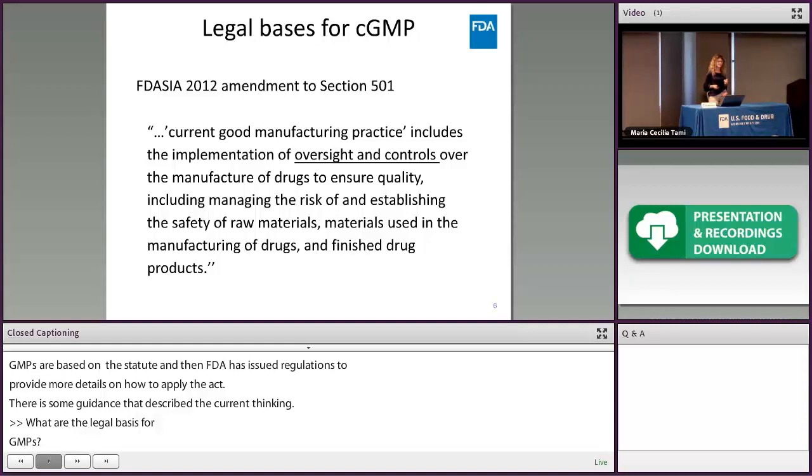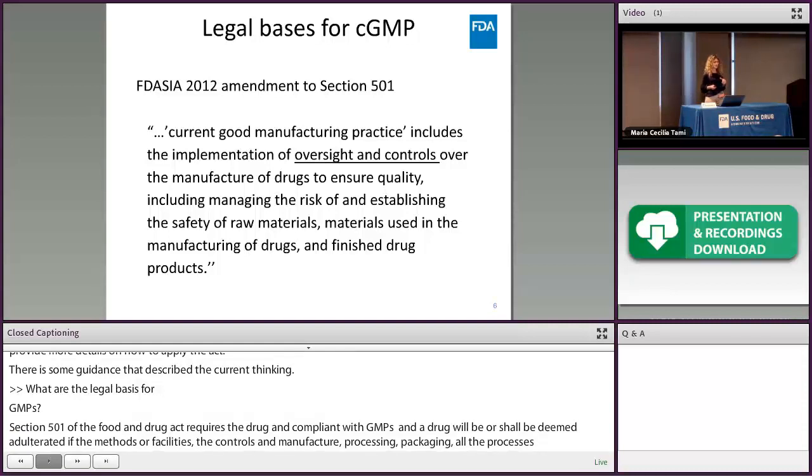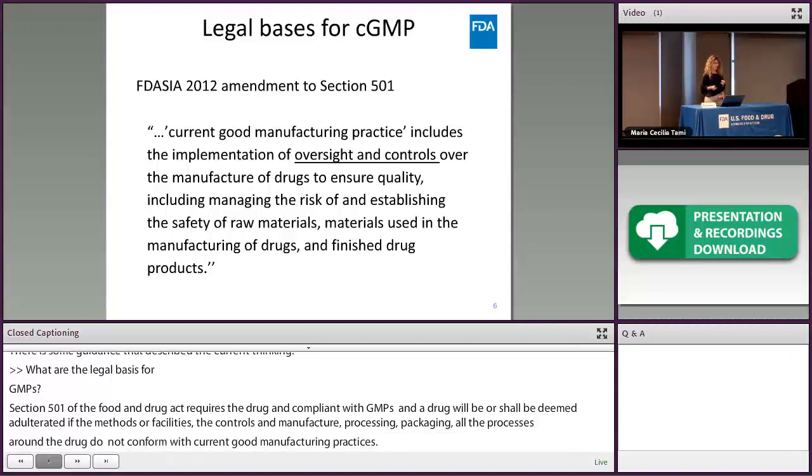FDASIA, that is an amendment to the 501 Act that was implemented in 2012, expanded the GMP concept by adding oversight and control over the manufacturing process.